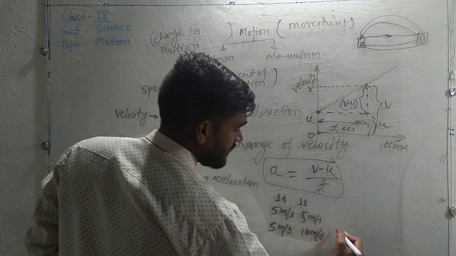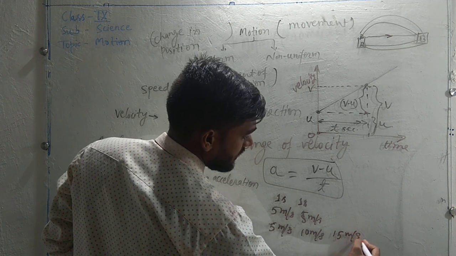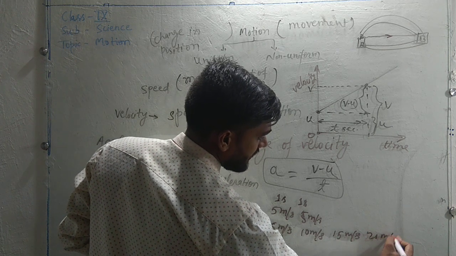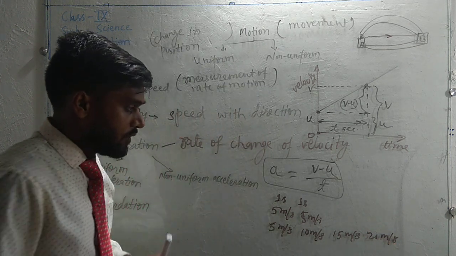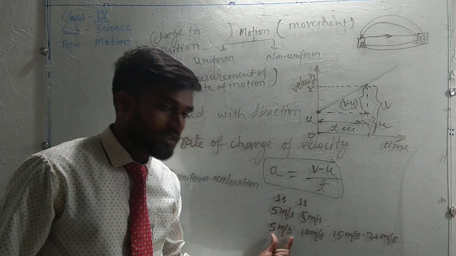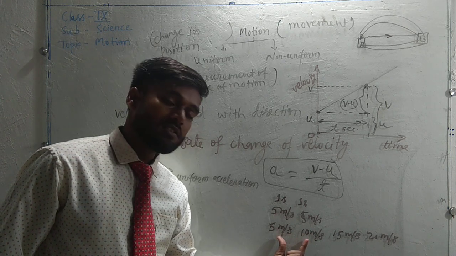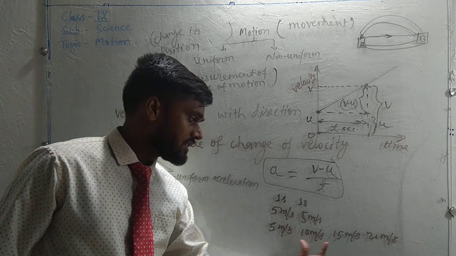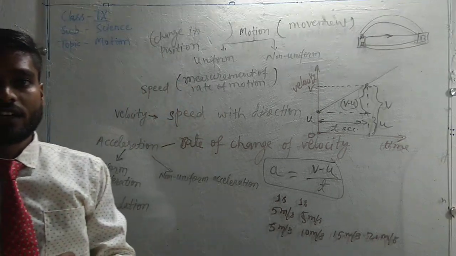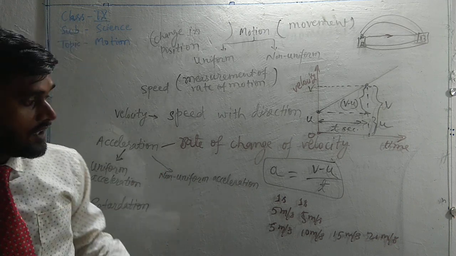After that, in the third second, it was moving with 15 meter per second. In the fourth second, its velocity becomes 20 meter per second. So what do we observe here? We observe that after each second, the velocity changes by 5 meter per second. Means in each second, the velocity changes by 5 meters per second.